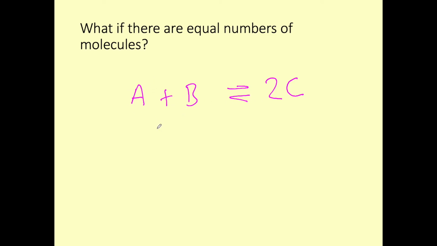So on the left hand side we have 2 molecules, and on the right hand side we have 2 molecules, because we've got 2 lots of the C. So actually there's no overall side where there are more molecules, and therefore in this instance, where there are equal numbers of molecules, pressure will have no effect, because there are equal numbers of molecules on each side, so neither side is going to cause an increase or decrease in pressure.